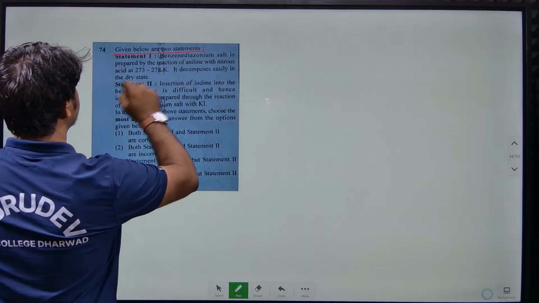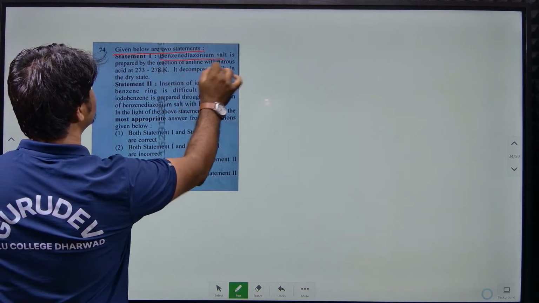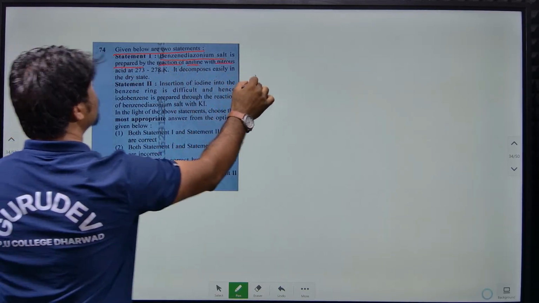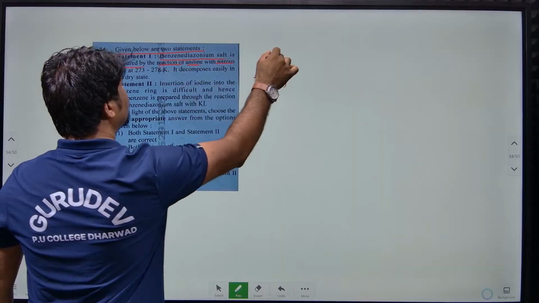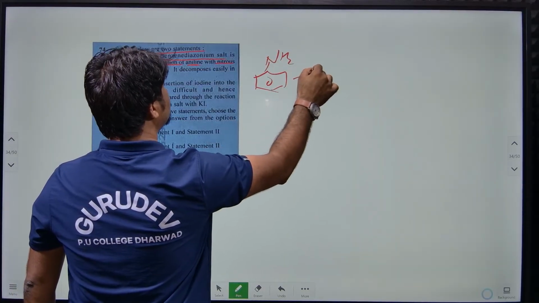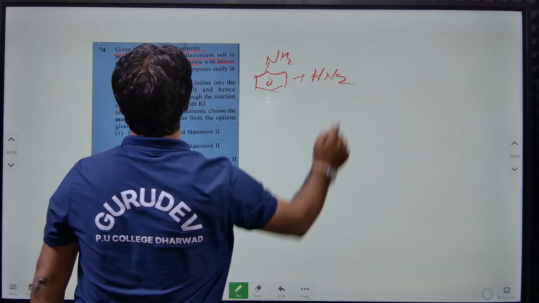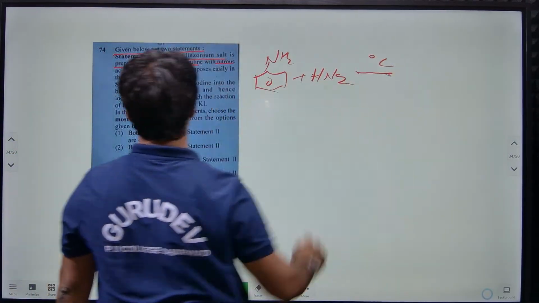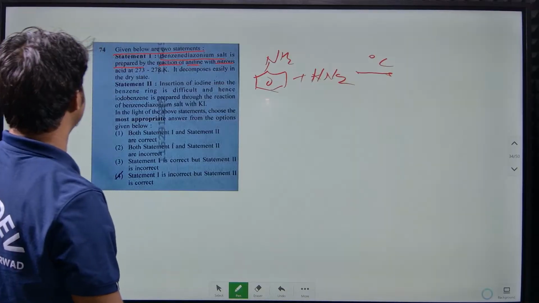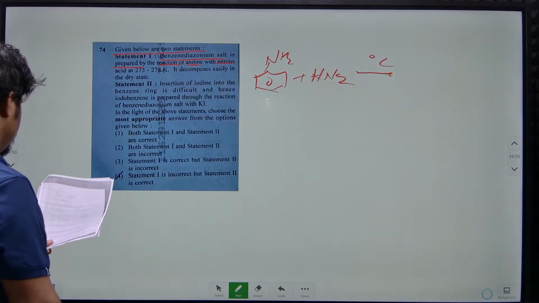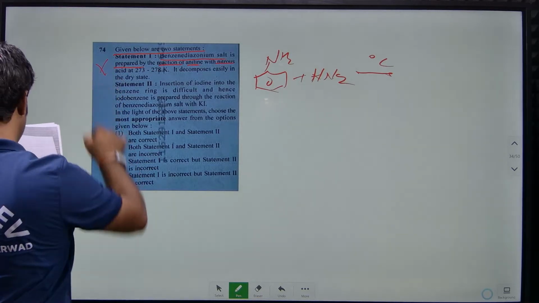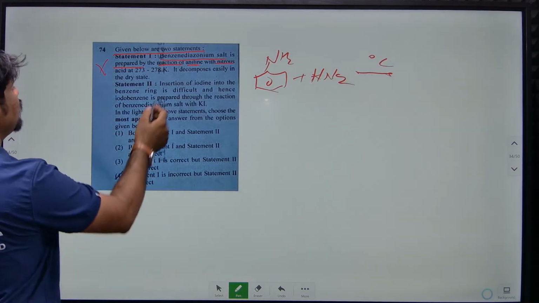Given below are two statements. Statement 1: benzene diazonium salt is prepared by the reaction of aniline with nitrous acid. Aniline is treated with what? Nitrous acid, HNO2, at 273 K, nothing but 0 degrees Celsius. It decomposes easily in the dry state. Yes, statement 1 is an incorrect statement. Go to statement 2.